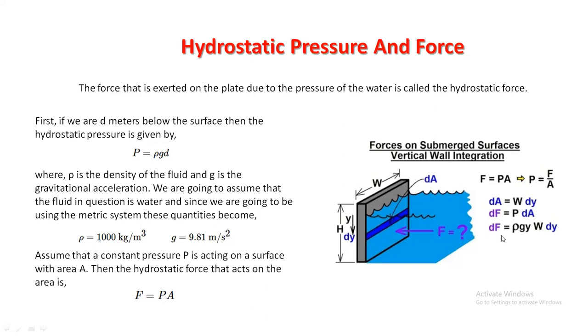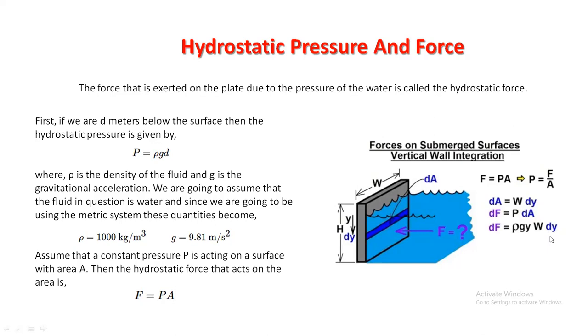Now we have this particular differential equation, because it has the presence of the differentials that we will need to integrate. That way, we will determine the hydrostatic force based on the dy of this differential strip. So it's equal to rho g W dy.